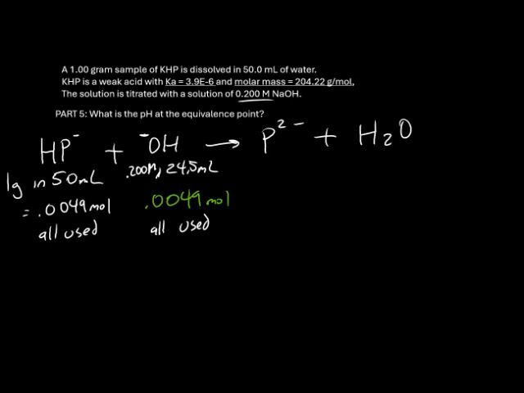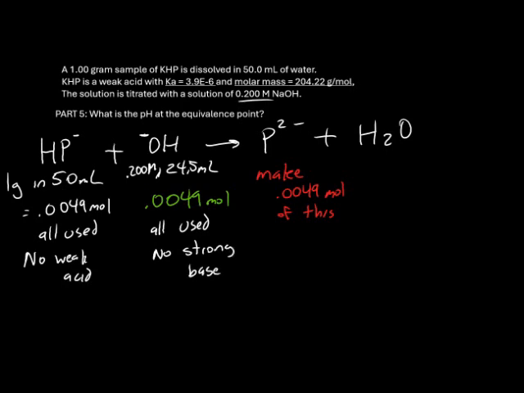Therefore, we will make that same number of moles of P2-. Therefore, we have no weak acid remaining. We also have no strong base remaining. In fact, we have only weak conjugate base remaining.